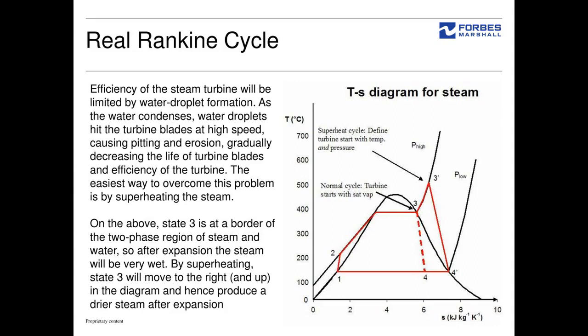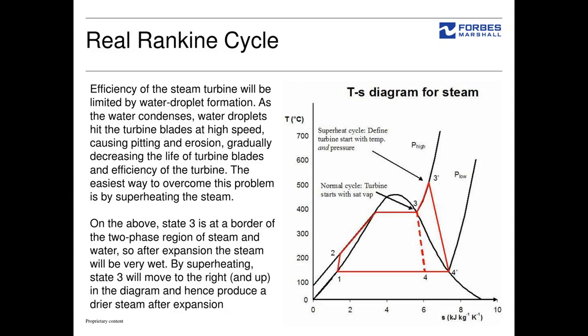This is to increase efficiency because what happens when saturated steam enters a turbine at point 3, and when it expands at the outlet of this turbine, which is point 4, it goes into the wet region. It's a wet steam.